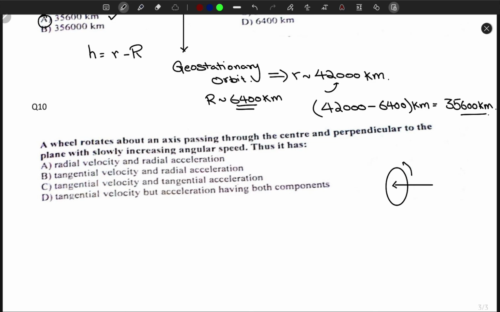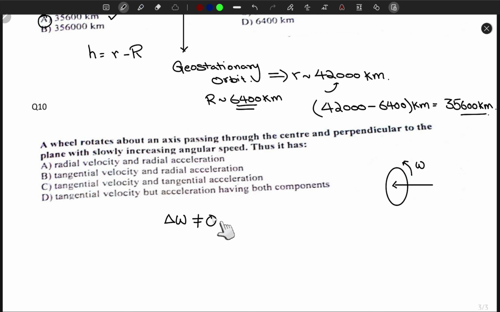So the angular speed omega is not constant, but it is increasing. So that means there should be some angular acceleration, which basically means that there is a change in omega. Change in omega is not zero.